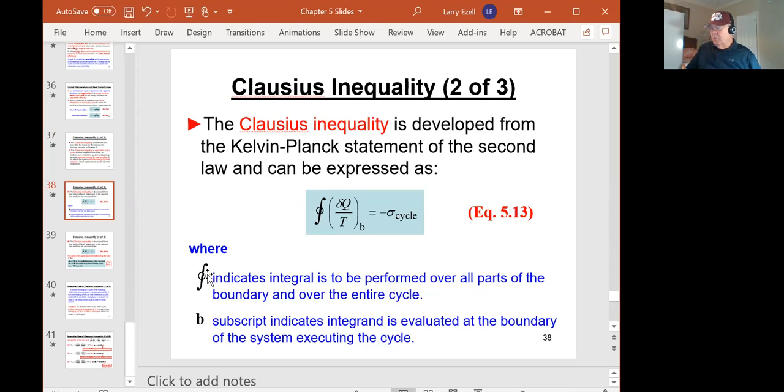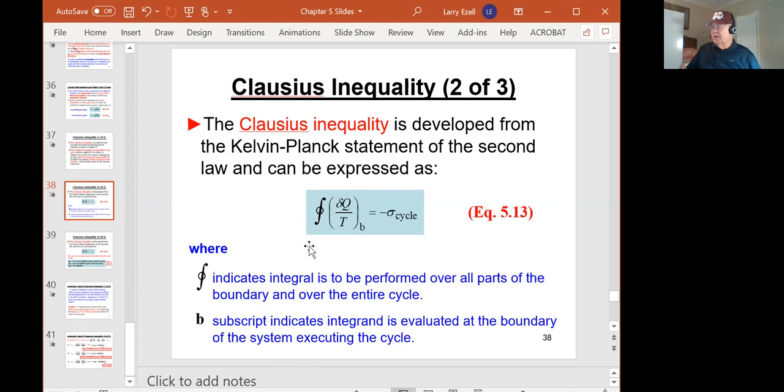All right, this integral indicates the integral is performed over all parts of the boundary and over the entire cycle. The B indicates the integrand is evaluated at the boundary of the system, excluding the cycle. That would be to the environment.